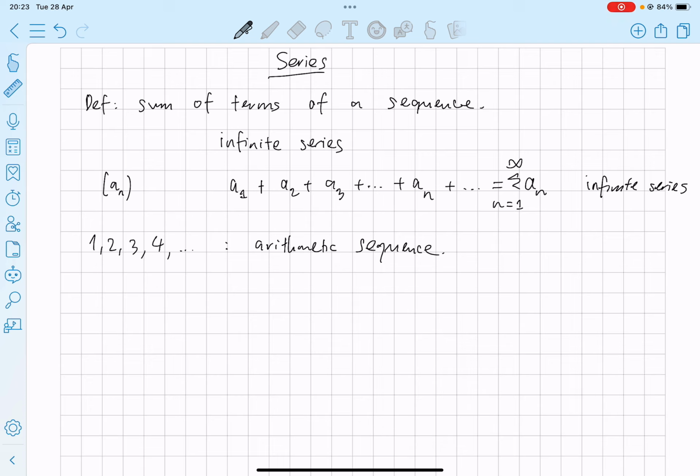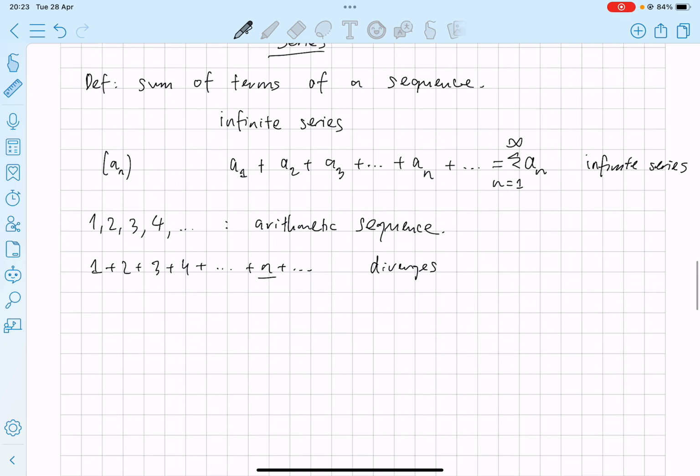And for the sum of this sequence, 1 plus 2 plus 3 plus 4 plus and so on, you see that this infinite series is gonna diverge, because it gets really large when n increases. It does not converge to any finite number, so that's why we call it divergent.